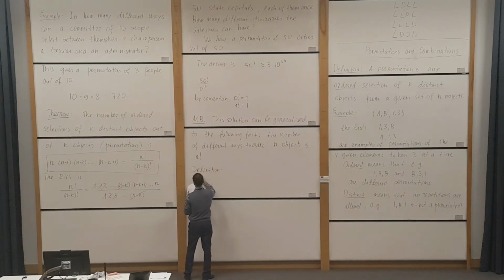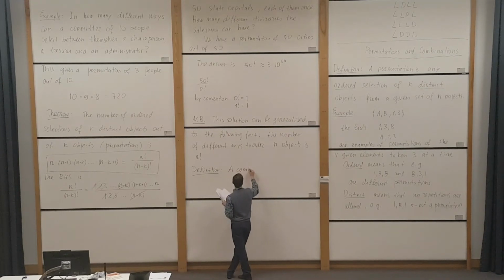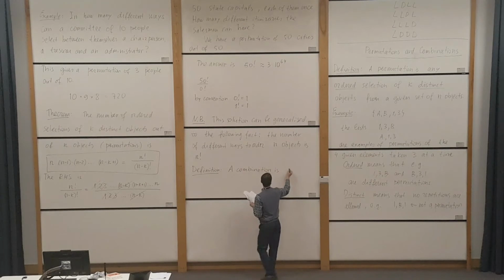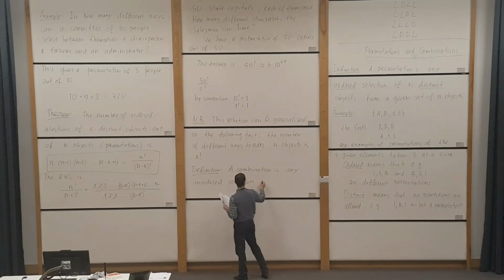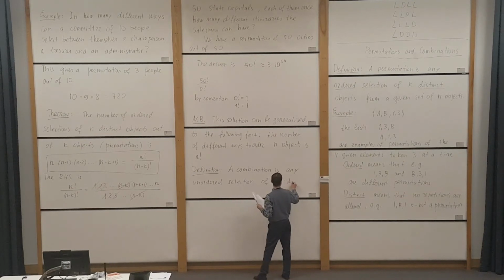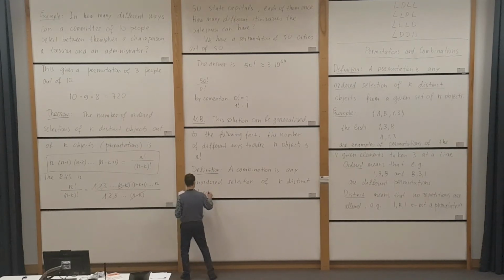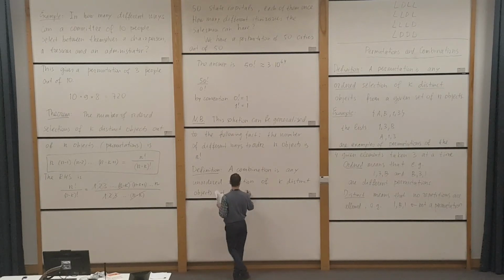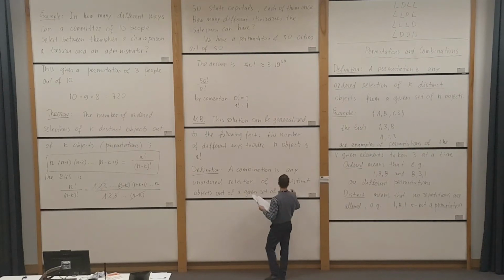let me define combinations. So a combination is any unordered selection of k distinct objects out of a given set of n objects.